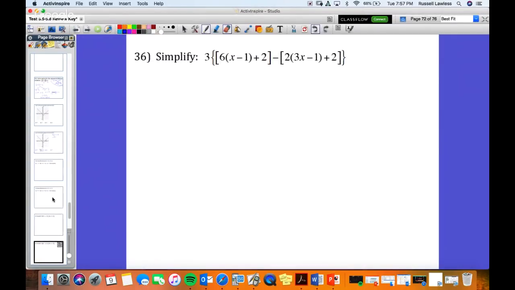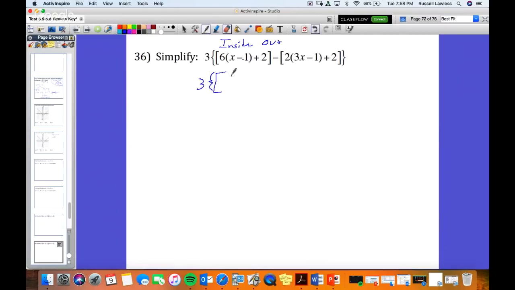So for 36 here, this is a doozy. Whenever we're simplifying, you want to go from the inside out. First off, does this x minus 1 simplify? It does not, so we're going to leave it there. So let's simplify. Does 6 times x minus 1 plus 2 simplify?